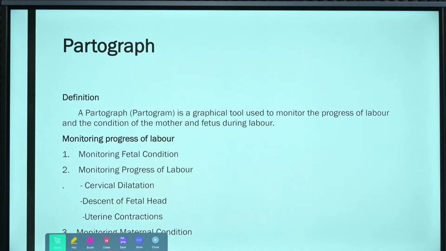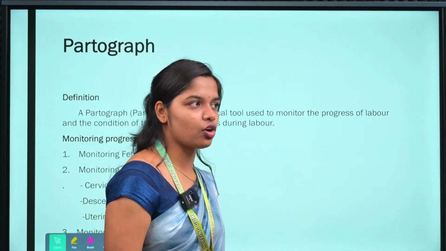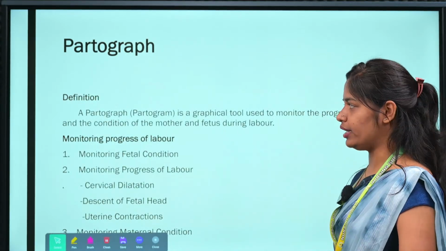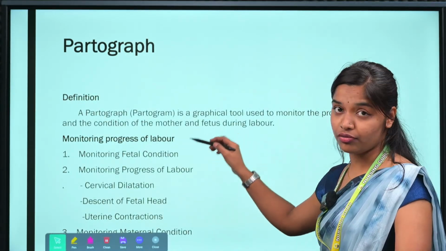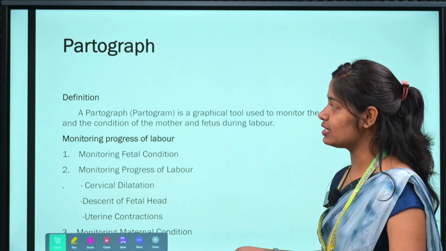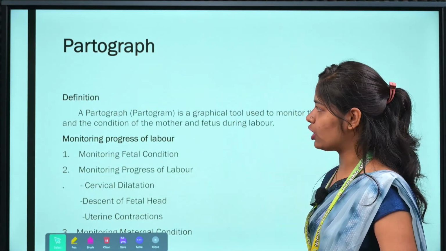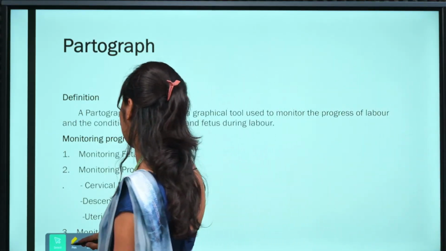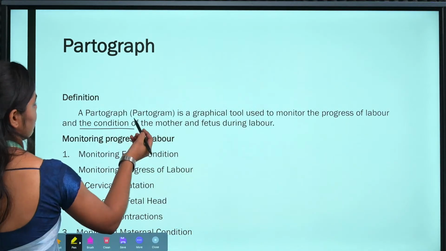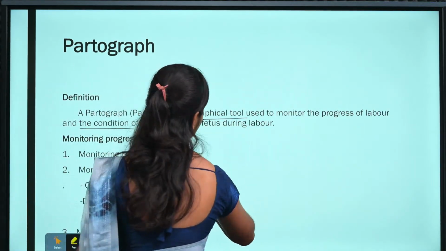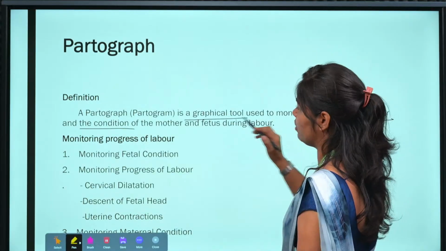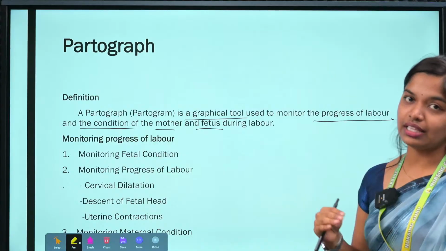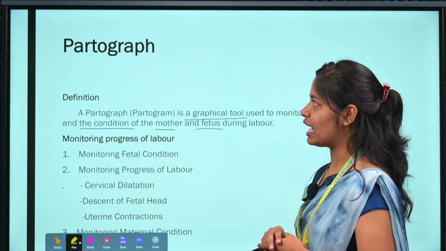Next, in the first stage, how can we assess or monitor the progress of labor and also the mother and the fetus? By using a partograph. The partograph is the graphical tool used to monitor the progress of labor and the condition of the mother and the fetus during the labor time, that we will call as partograph.